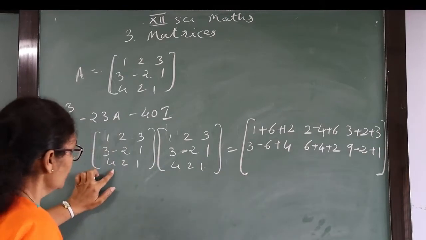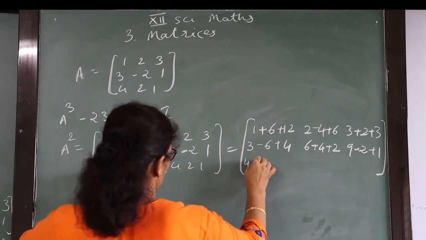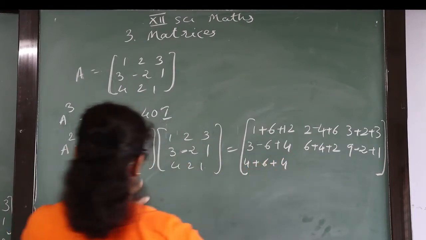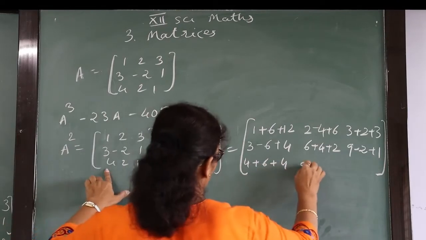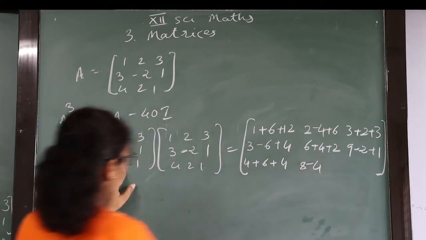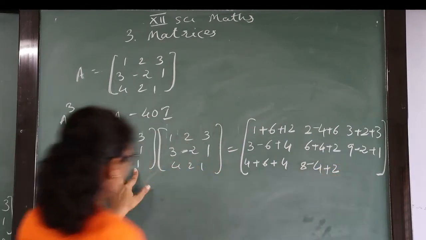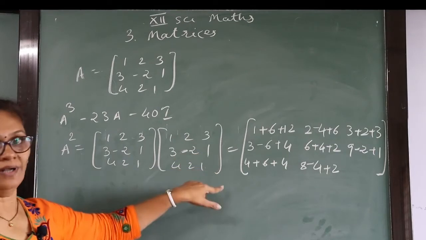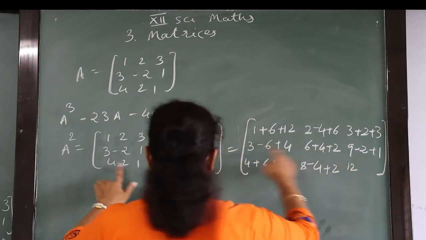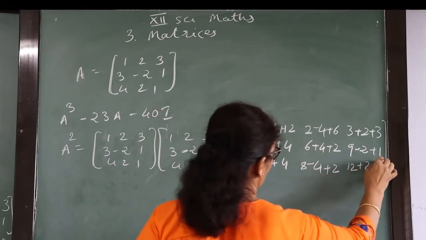Now with the last row: 4 1s are 4, 3 2s are 6, and 4 1s are 4. Same way 4 2s are 8, 2 2s are minus 4, and 2 1s are 2. Similar way last row, last column: 4 3s are 12, 2 1s are 2, and 1 1s are 1.